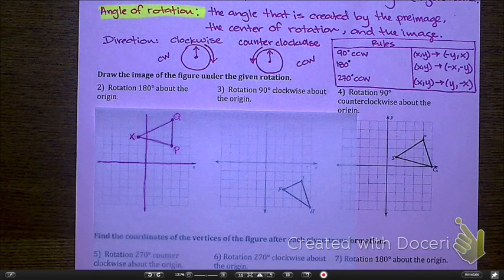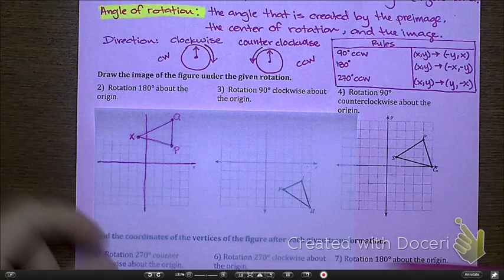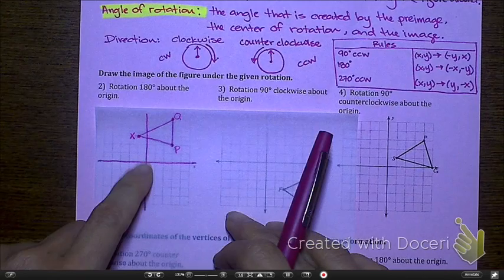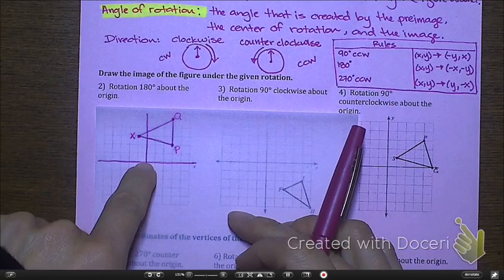Now it's telling me to rotate 180 degrees about the origin. But I told you we need to know a direction in order to rotate. It wants me to rotate about the origin, so the origin is my fixed point that I'm rotating around. Where is the origin? The center where the X and the Y axis meet.